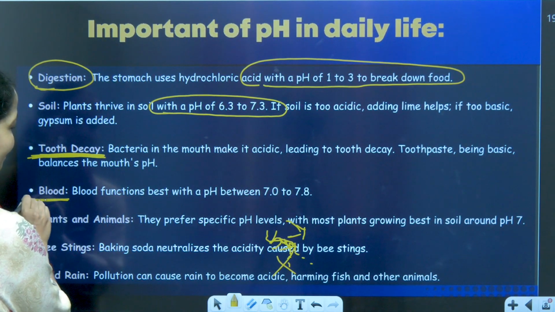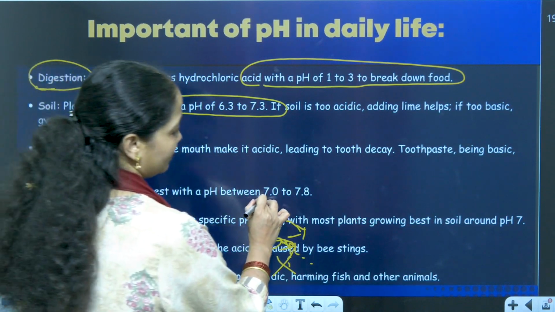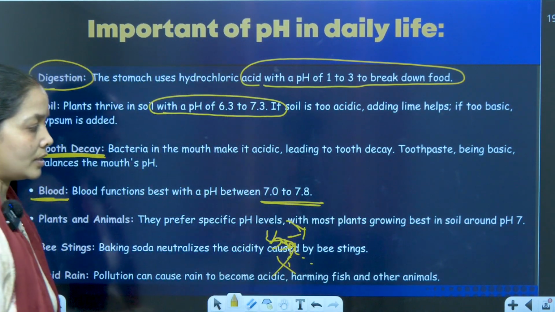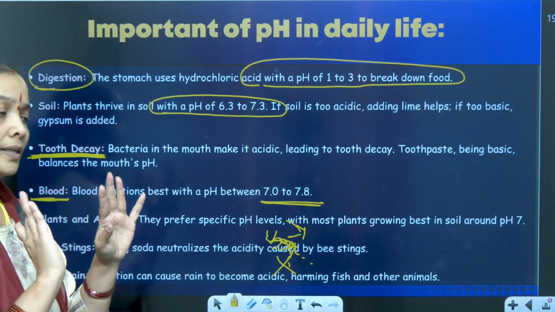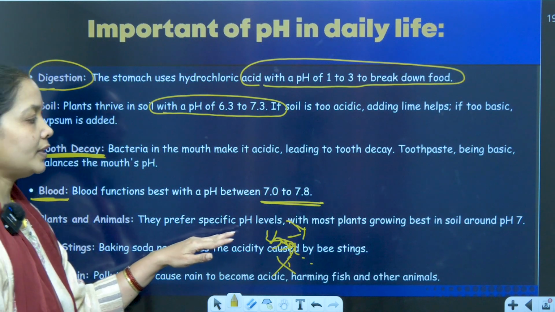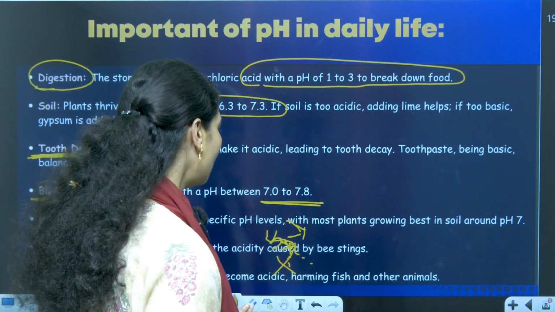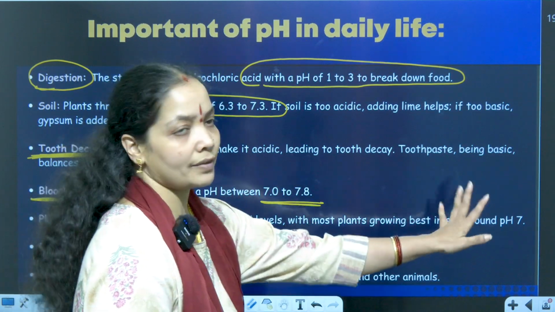Fourth thing is the importance of pH in blood. Blood functions best with a pH of 7 to 7.8. If the pH of the blood ranges from 7 to 7.8, we say it's the normal value. Plants and animals prefer specific pH values, with most plants growing best in soil around pH 7.